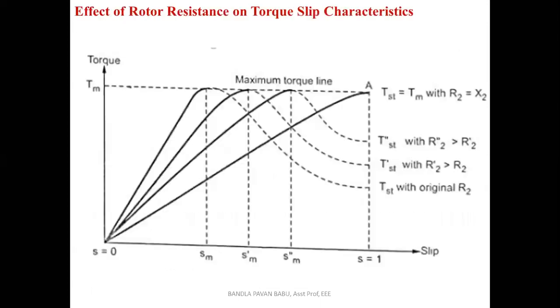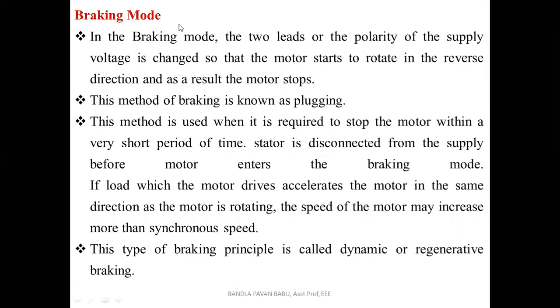Okay, next, braking mode. In the braking mode, the two leads, I mean the two polarities of the supply voltage, are changed, so that the motor starts to rotate in the reverse direction, and as a result the motor stops.